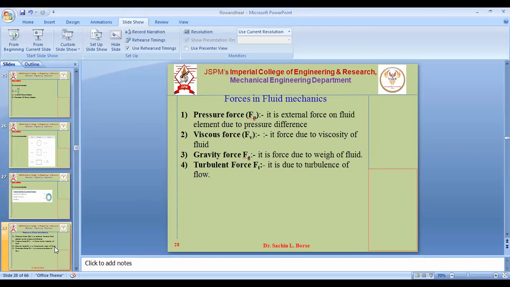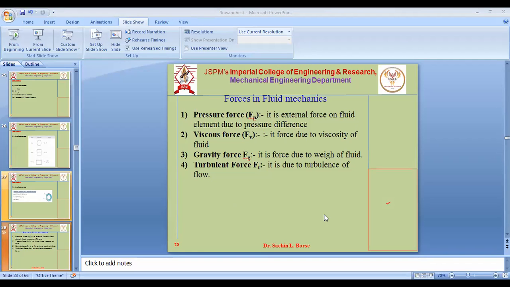Now, please understand, when we write the Navier-Stokes equation, what is it? Actually, it is a momentum equation. We know that Newton's first law gives the definition of force, and Newton's second law gives the equation of force. Newton's second law tells us that force equals mass into acceleration, or the summation of forces equals mass into acceleration.